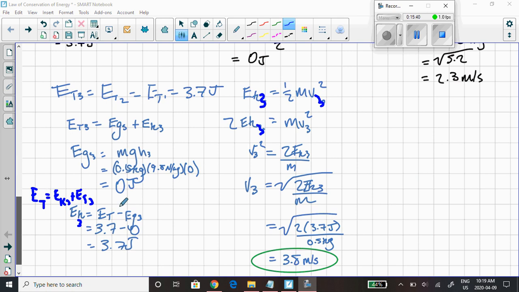So now my equation is kinetic energy in the third position is equal to total energy minus gravitational potential energy in the third position, which is 3.7 joules minus 0, or the kinetic energy in the third position is 3.7 joules. All of the energy is kinetic. All of that initial energy, which was potential energy when it was being held, just as it was dropped, it was 3.7 joules.